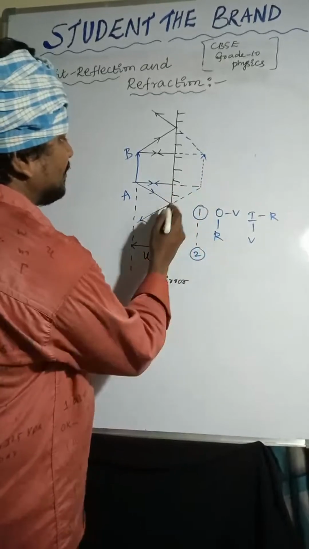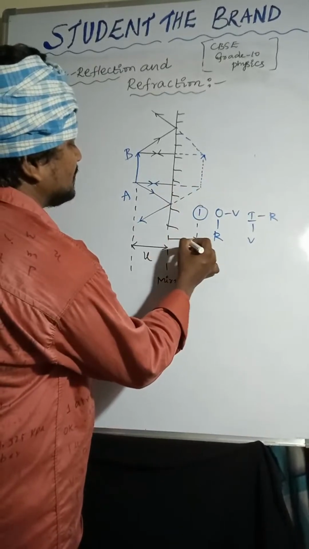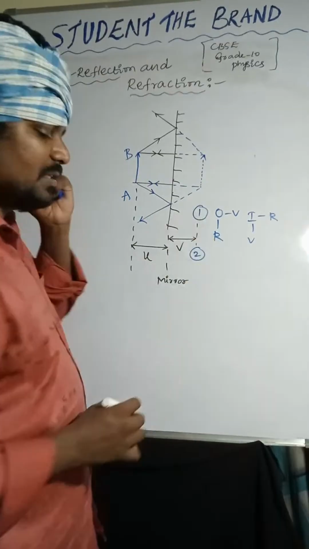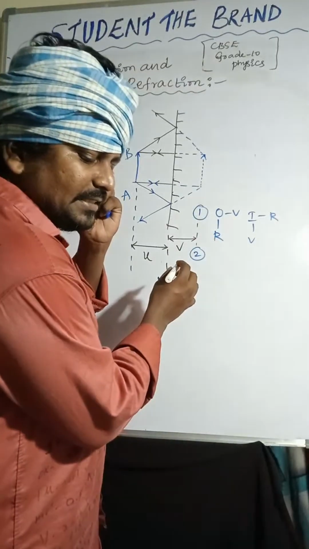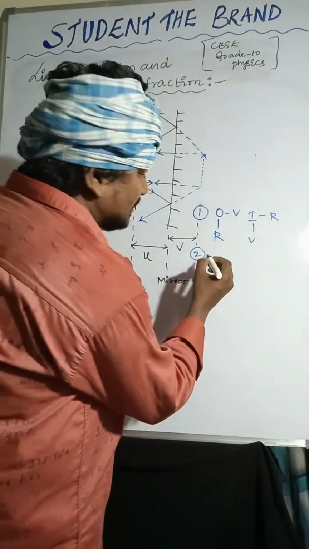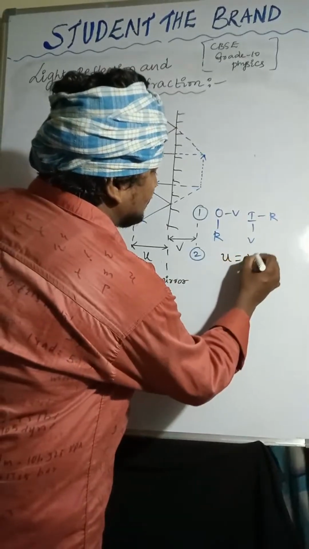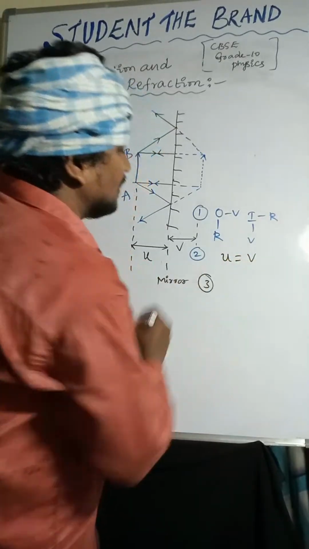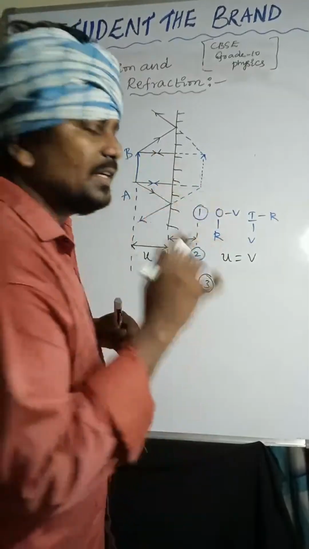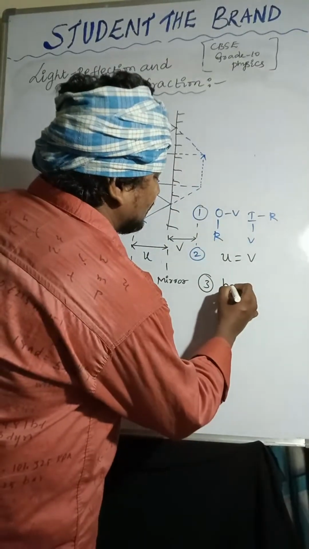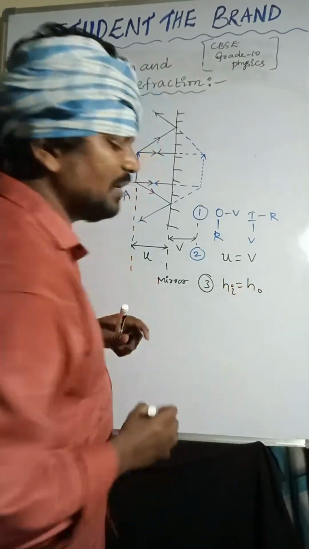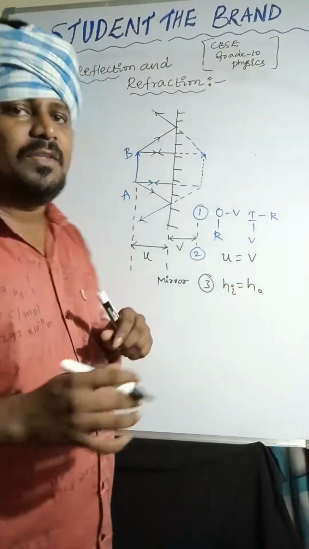The distance between the mirror and the image is called the image distance. So object distance is equal to image distance. And third, the height of the image is equal to the height of the object.